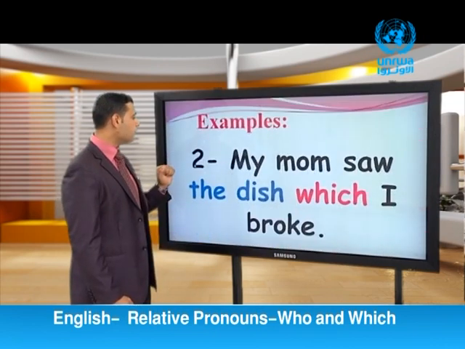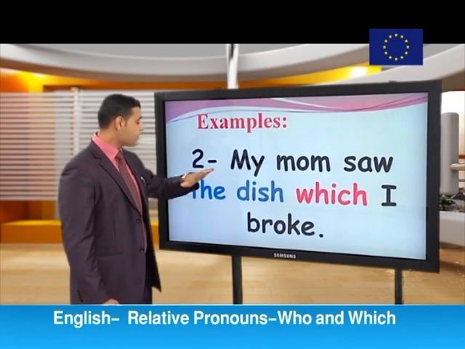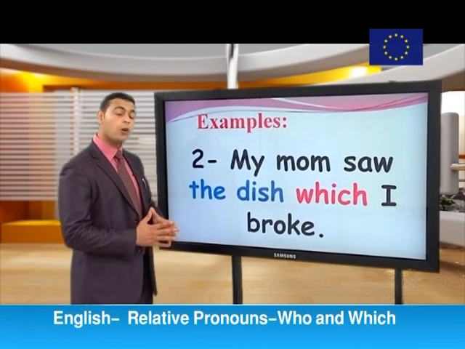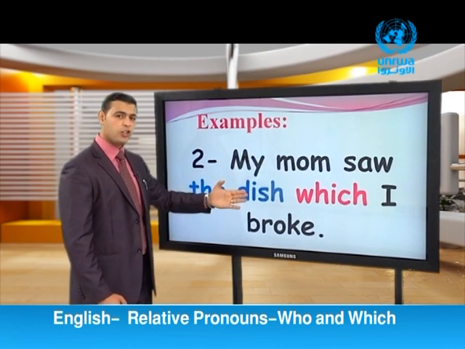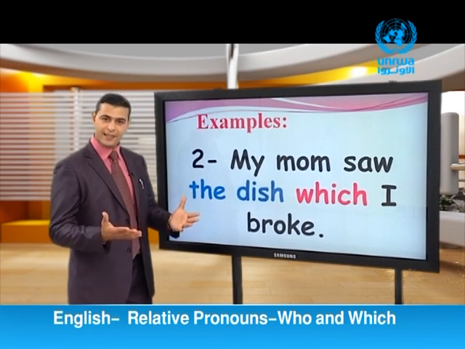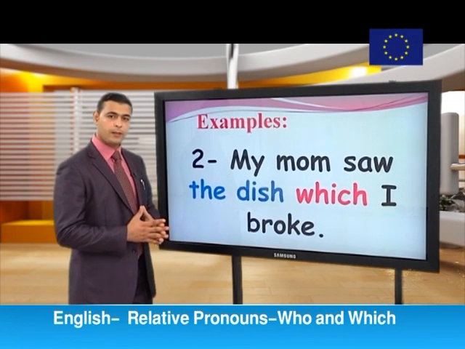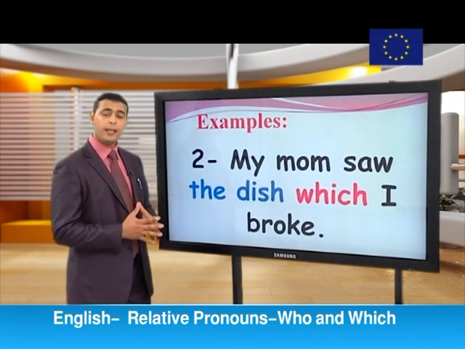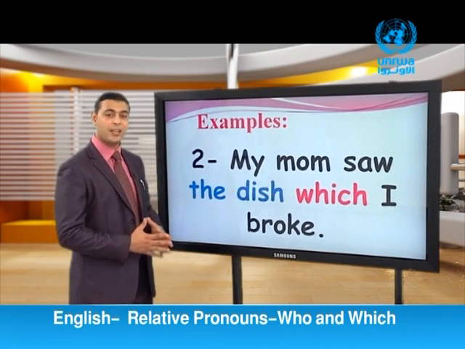Let's move to number two. My mom saw the dish which I broke. Again, my mom saw the dish which I broke. My mom saw what? The dish. It's a thing, inanimate and not a person. So we use the relative pronoun which to talk about that dish.